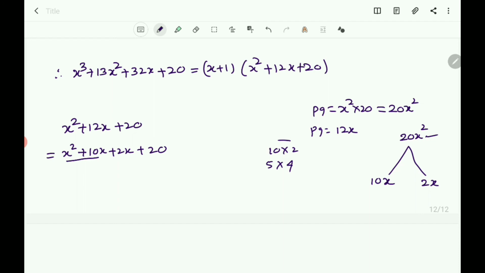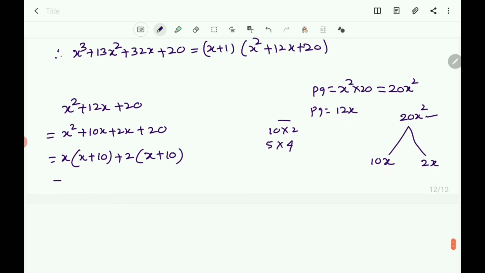Now you take the first group. What is common here? x is common. In the bracket x + 10 comes. x into x is x square, x into 10 is 10x, plus 2 into (x + 10). So the factors are x + 10, one factor, and the other factor is x + 2.